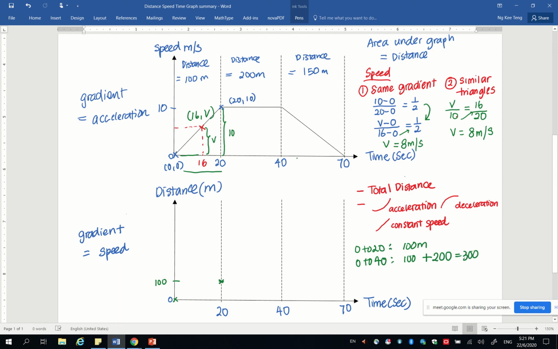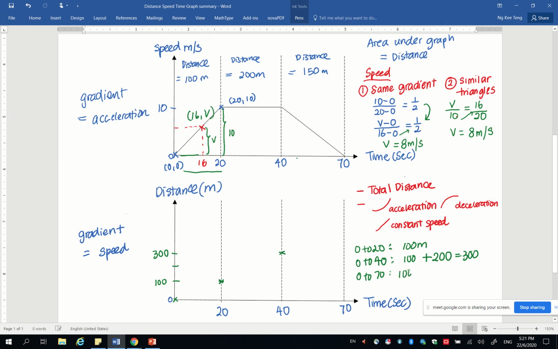Then they go and plot 200, and the graph will not look smooth. So it's actually an additional 200. It will become 300. So 1, 2, 3. So 300 is here. Then you plot at this point 300. Then the last one, is it going to drop to 150? No, it's going to be from 0 to 70.